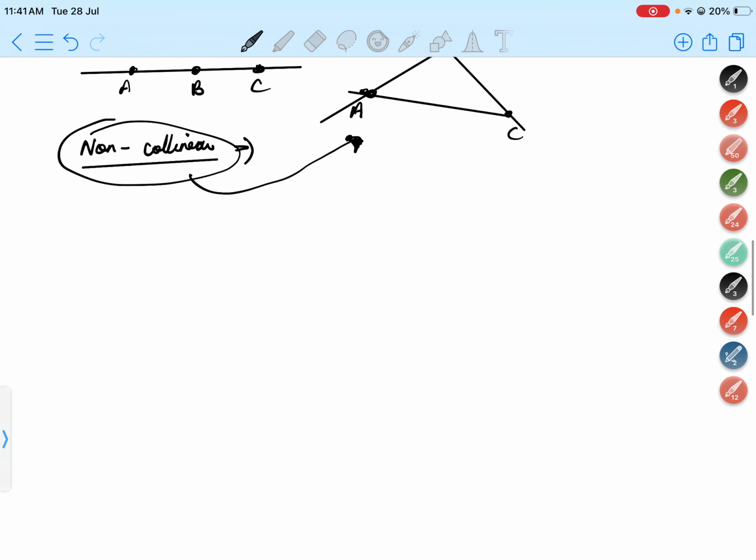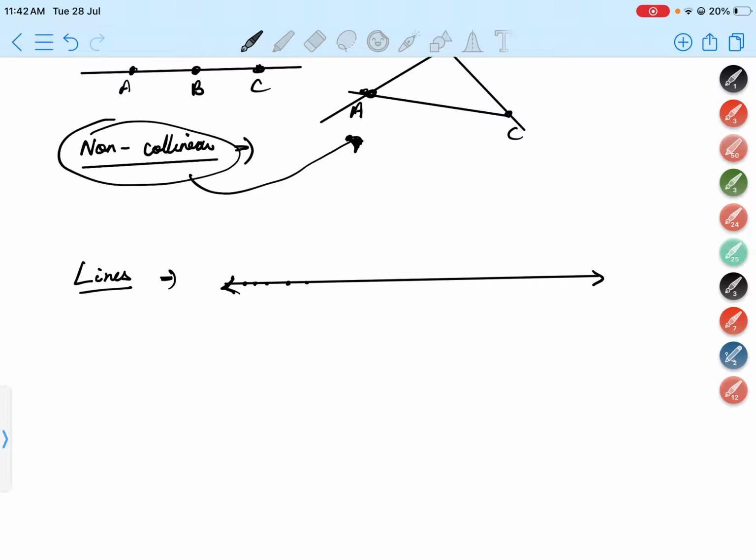Now let us move on to lines. I have already told you, a line is a straight ray which can be drawn on a plane. And if I go a little more into the technicalities of the definition, a line is any figure in a space which is made up of an infinite number of points.